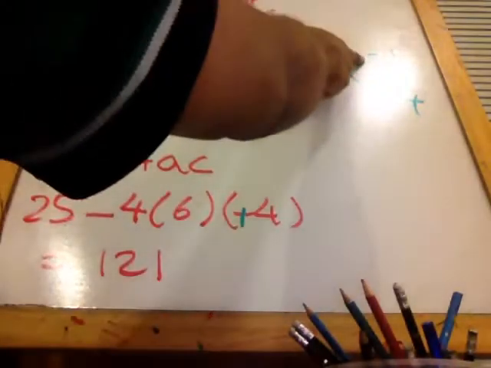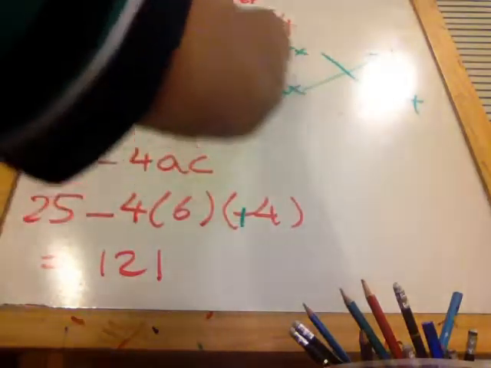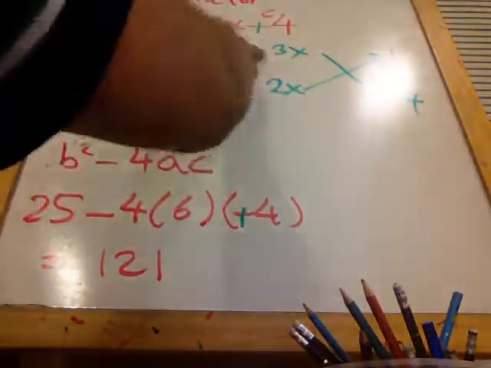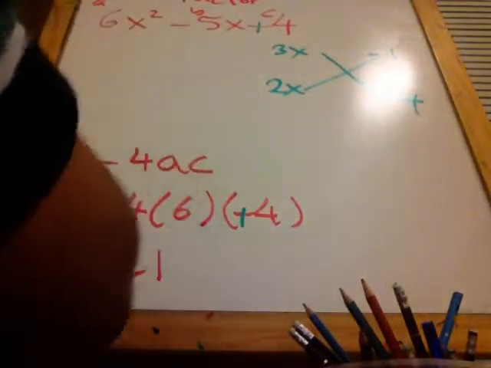If I multiply negative 1 times negative 4, it's plus 4, and if I multiply 3 times 2, I'll get the 6x squared, and if I multiply in the middle, I'll get negative 12x.